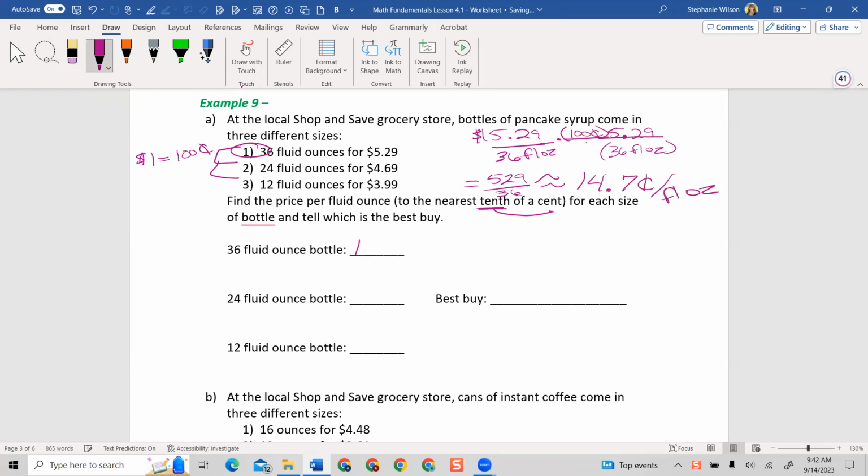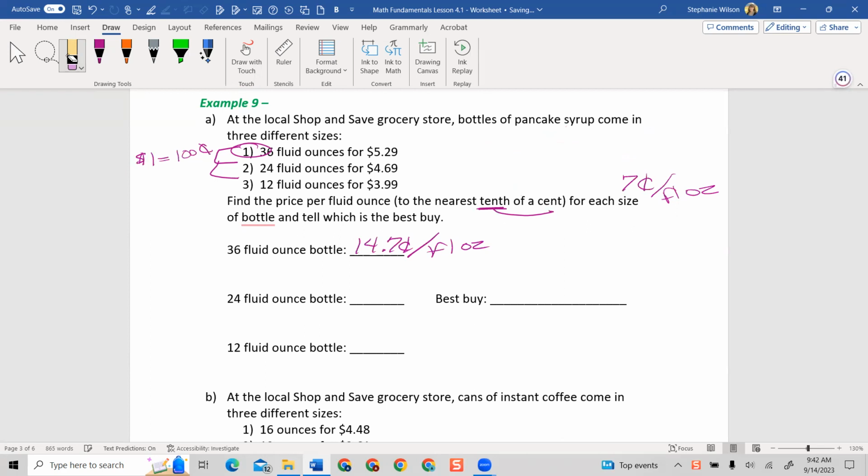So I'm going to say over here 14.7 cents per fluid ounce. All right. If you need to write this, pause it. I'm going to write this down or erase it. Let's do the next one.